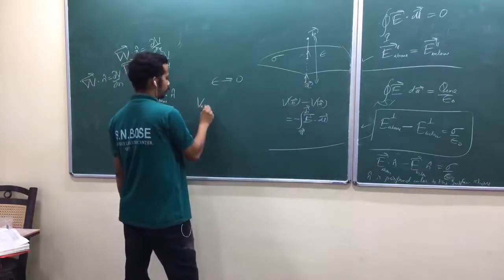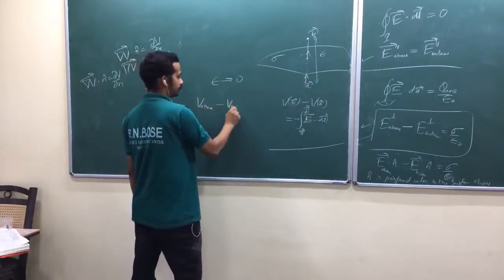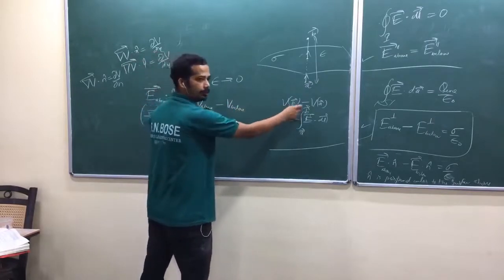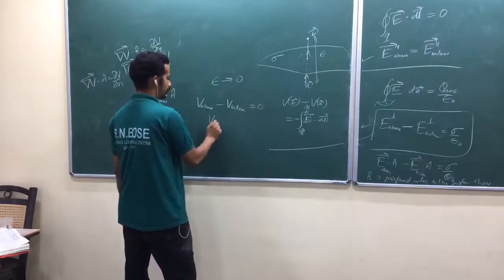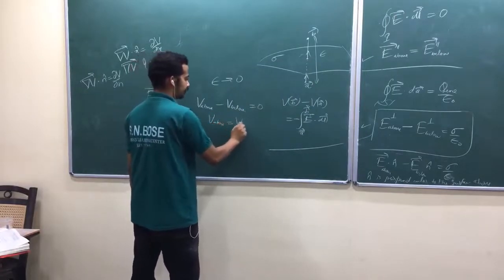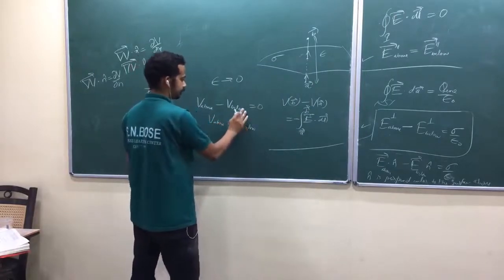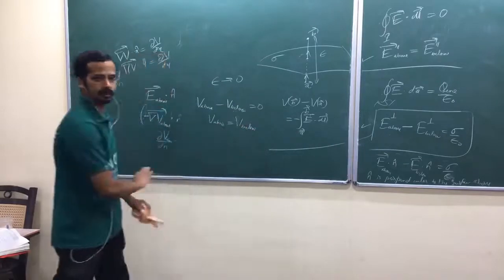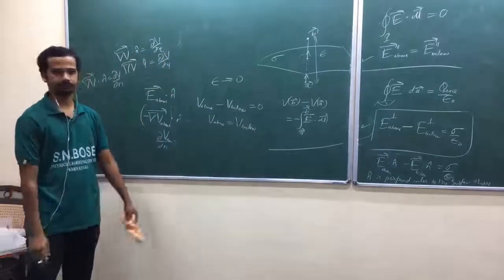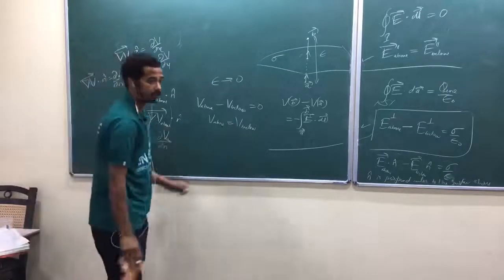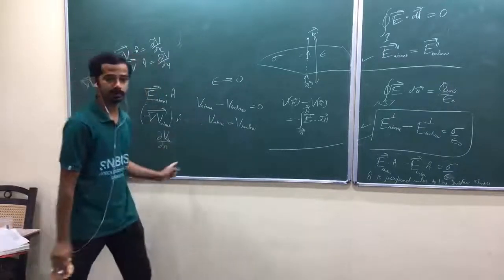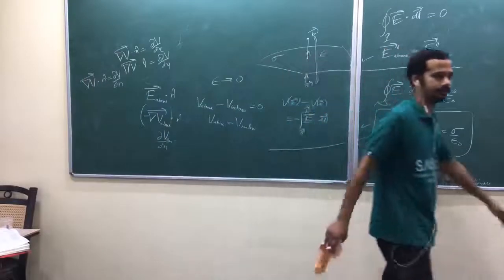V above minus V below is equal to 0. Potential is always continuous. But the normal derivative, or directional derivative, of the potential suffers discontinuity.